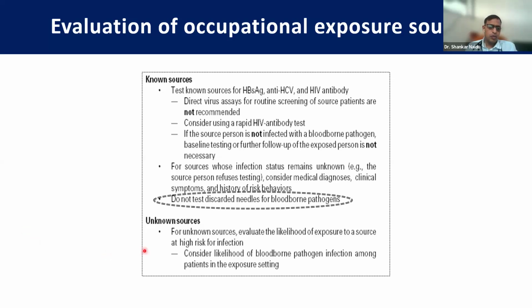And the most important thing is, do not test discarded needles for the bloodborne pathogens, like the needles that have been used to draw blood. For unknown sources, evaluate the likelihood of exposure to a source at high risk for infection. Consider the likelihood of bloodborne pathogen infection among patients in the exposure setting.